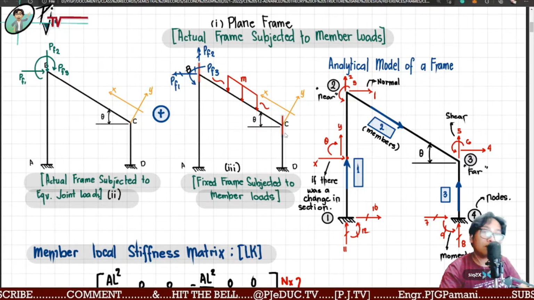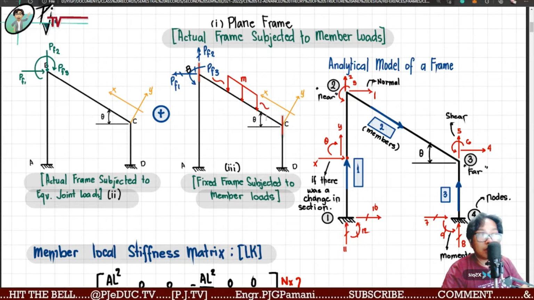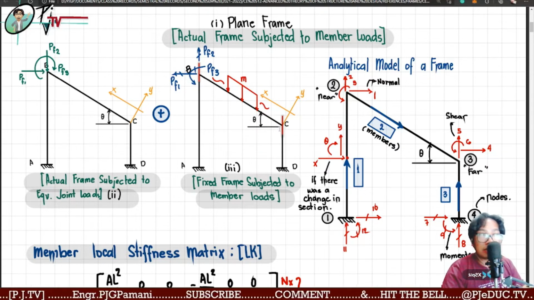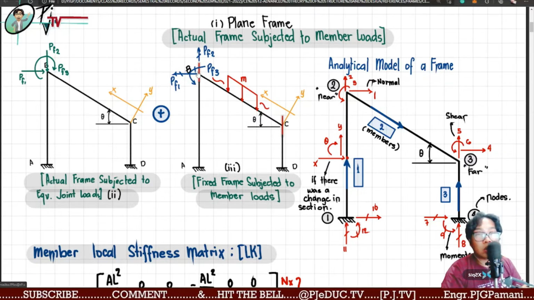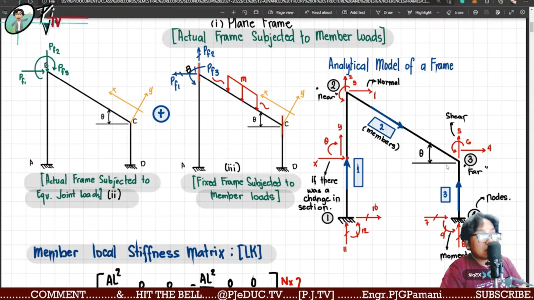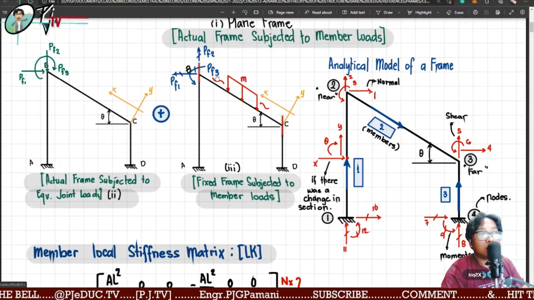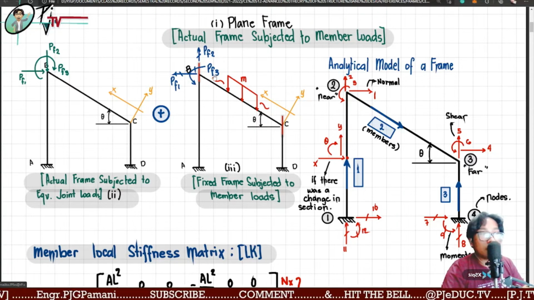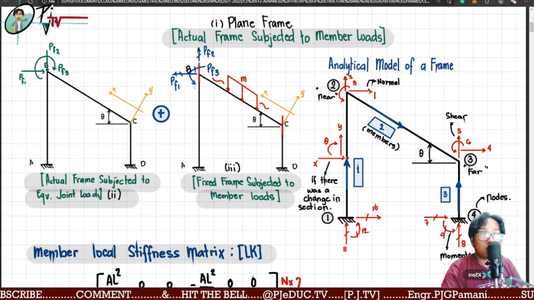Basically, we will have to identify the fixed end moments of this particular member at both joint B and joint C. That will always depend later on our near and far node condition, based on our analytical model of a frame. Again, do not forget, whenever we are numbering the axis forces and bending moments, always start with the normal force, next with the shear force, and lastly with the bending moment.